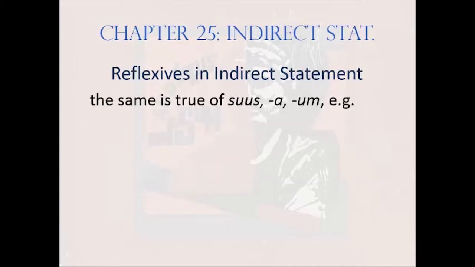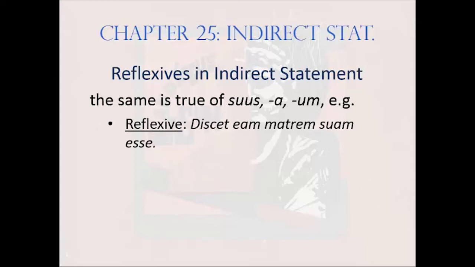The same principle holds true for the reflexive possessive adjective suus. Discet eam matrem suam esse. He will learn that she is his, meaning his own, mother. Here his must refer back to the subject of the main verb.